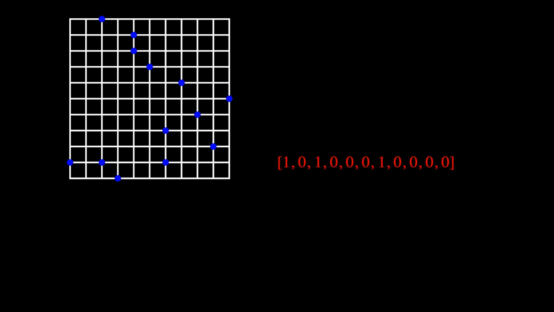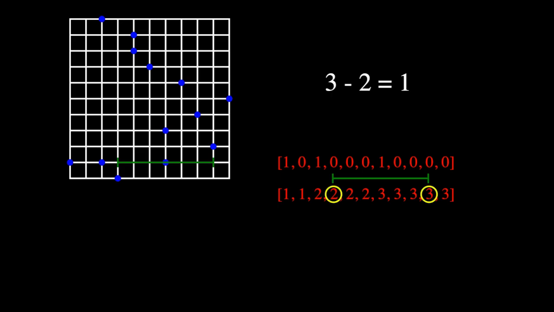If we use the prefix sum, the resulting array would be this. Using the logic of prefix sums, we can count the number of points in a specific range using subtraction. For instance, if we wanted to find the number of points within this range, we can use our prefix sum to calculate it. Now, when we're given the points, we can pre-calculate each of the prefix sums and use them to our advantage.